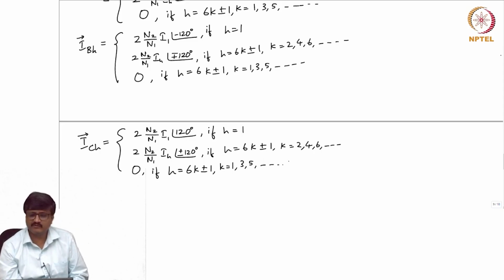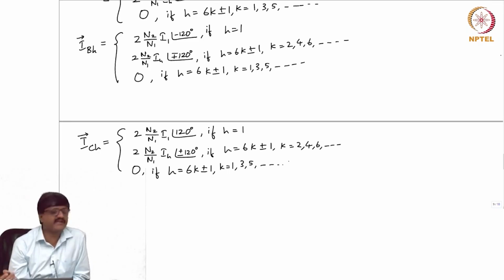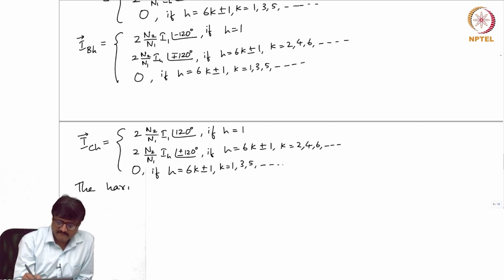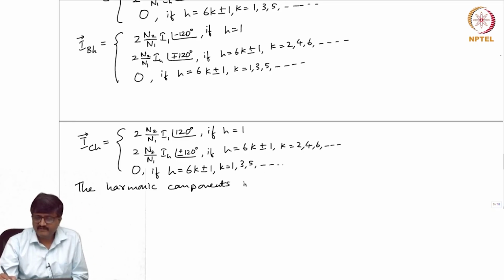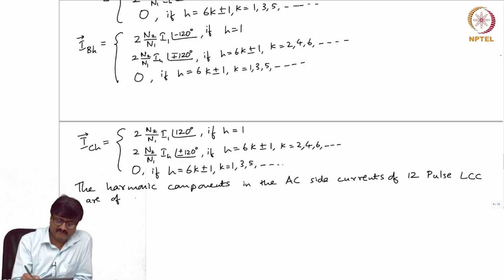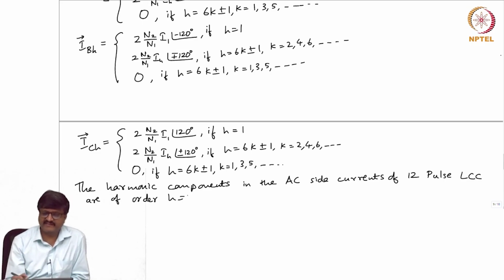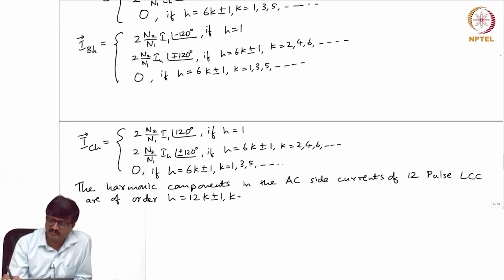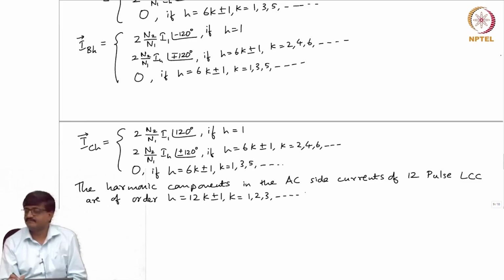So, I can say that it is equivalent to harmonics of order H equal to 12K plus minus 1 for all positive integer values of K. So, the harmonic components in the AC side currents of the 12 pulse LCC are of order H. Instead of saying 6K plus minus 1 with K equal to 2, 4, 6, I will straight away say that it is 12K plus minus 1, K equal to 1, 2, 3, and so on. Is that okay?